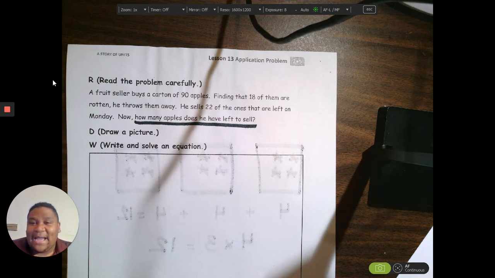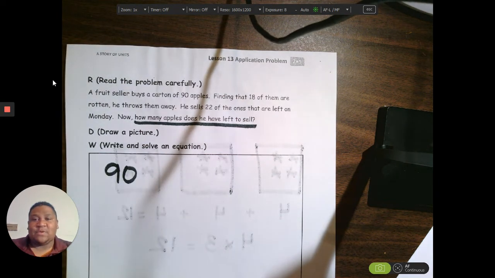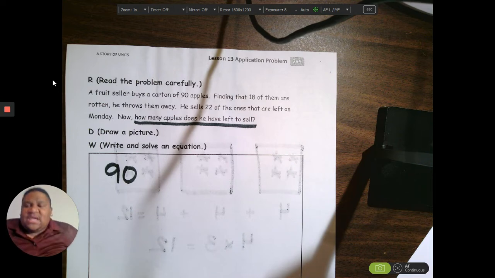A fruit seller buys a carton of 90 apples. So we already know that we have 90 apples. It says finding that 18 of them are rotten, he throws them away.